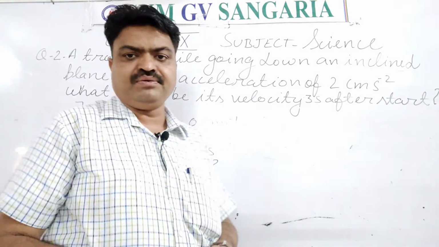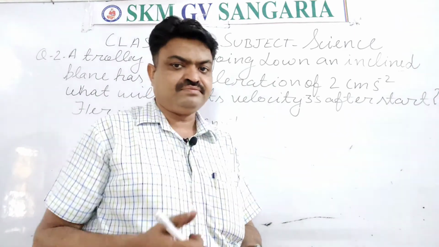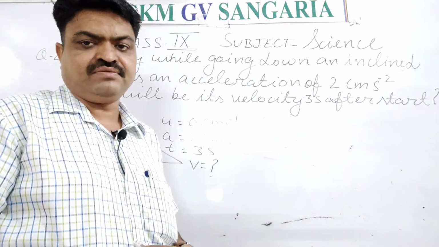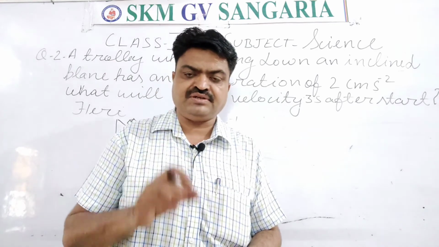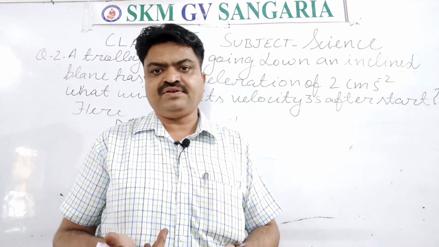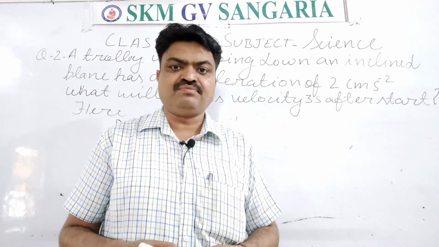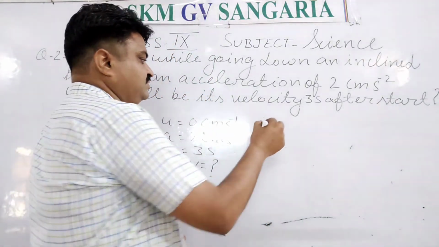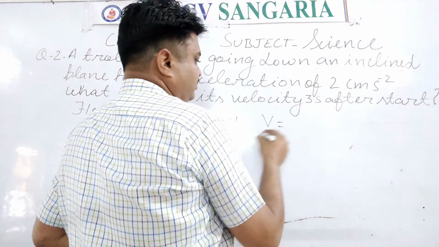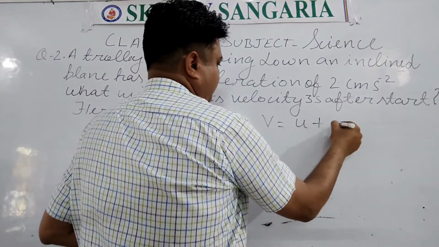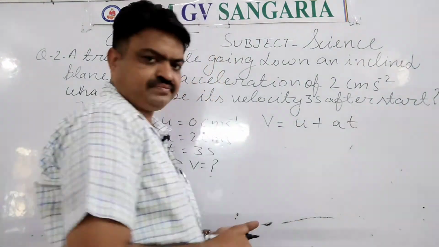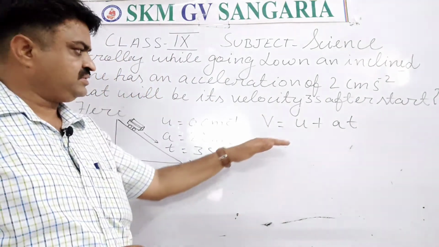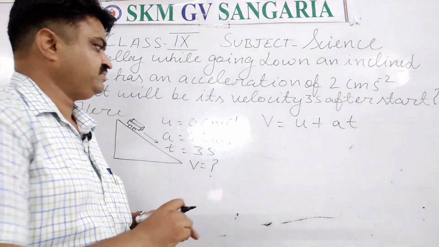Now with the help of this, we will take the equation of motion. And which equation of motion will we take? We will take the first equation of motion because it is more suitable to solve this question. And what is the first equation of motion, student? It is V is equal to U plus AT. Now in this, we will put all these quantities.